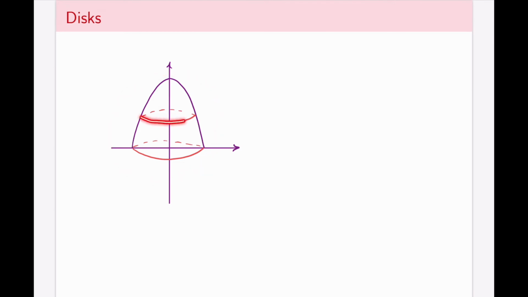So instead of thinking of even just this one curve here, what I can think about is it's actually a little disk. Now I'm going to make the thickness of it negligible so I can then utilize my theory of limits and whatnot, but in itself it's just a little disk.